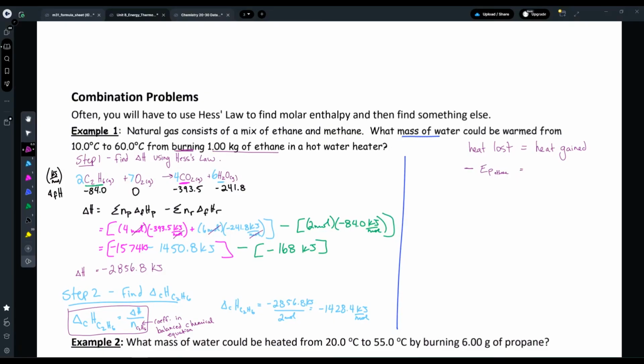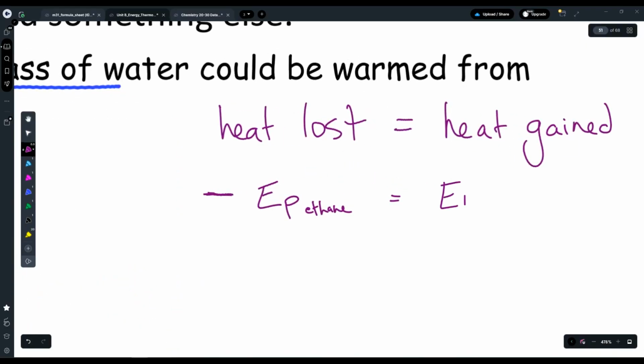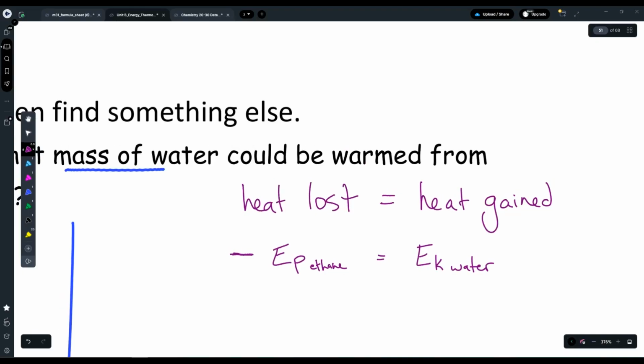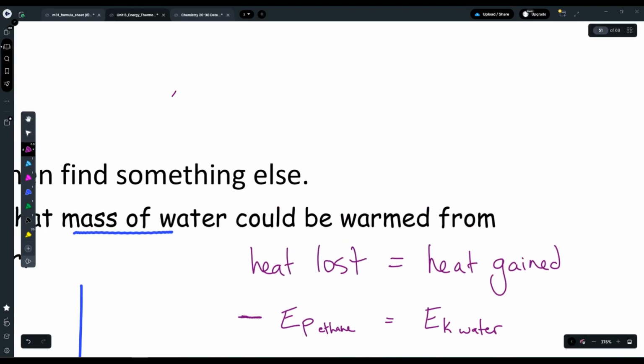Now for heat gained, we've got to ask ourselves, what is gaining heat? From the question, it looks like we're only concerned about water gaining heat. So this will be our EK for water. All right. Now, as a reminder of a couple of equations here.